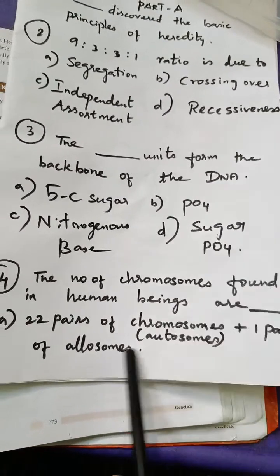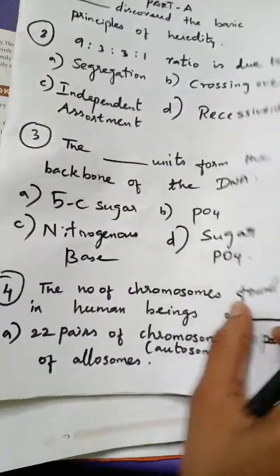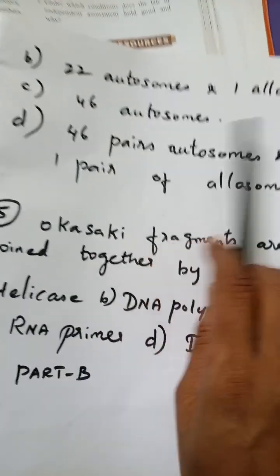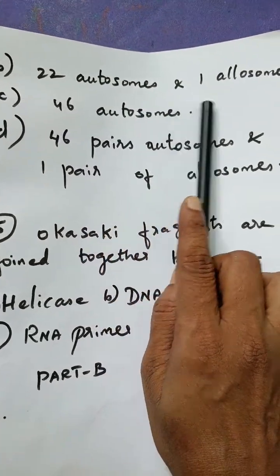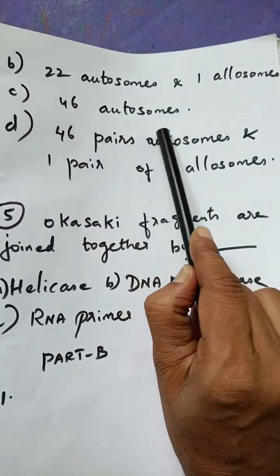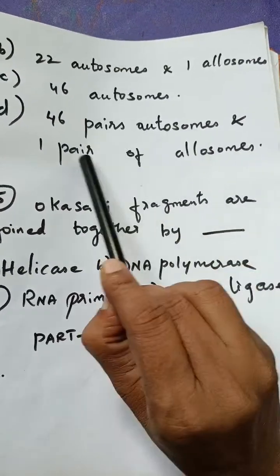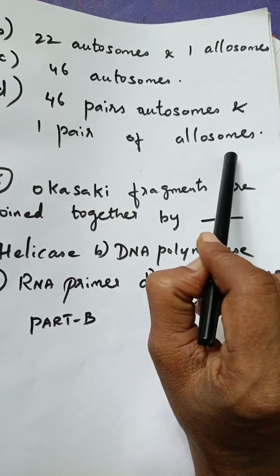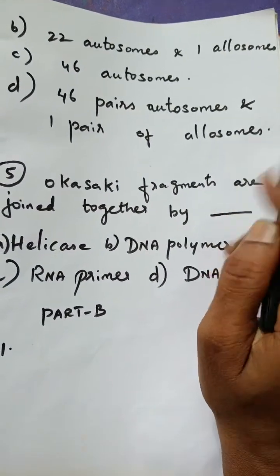Is that clear? The second option is 22 autosomes plus 1 allosome, then 46 autosomes, and the last one is 46 autosomes and 1 pair of allosomes. From these 4 options, which is the right answer?